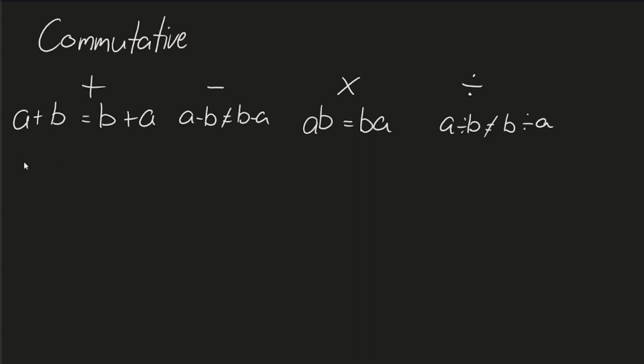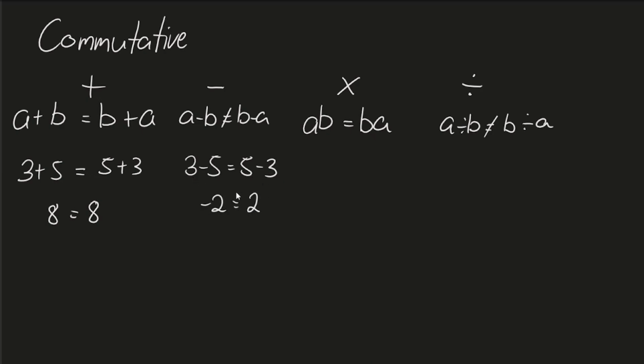Let's give an example. 3 plus 5, is it going to be the same as 5 plus 3? 3 plus 5 is 8. Is it the same as 5 plus 3? Yes. How about 3 minus 5, the same as saying 5 minus 3? 3 minus 5 is -2. 5 minus 3 is 2. So not the same. Let's have 3 times 5. Is it the same as saying 5 times 3?